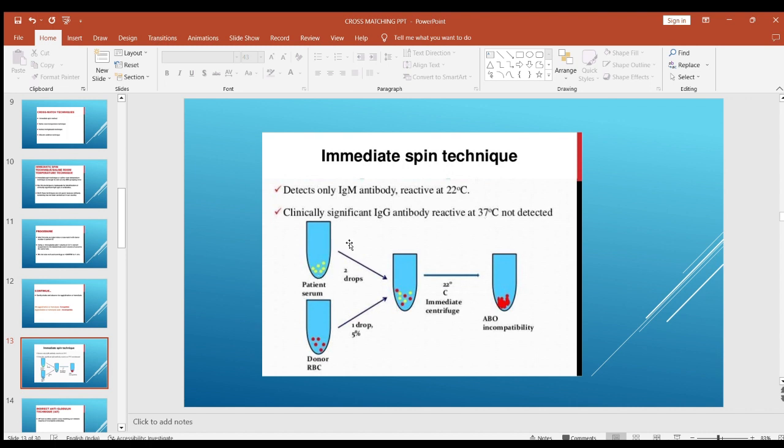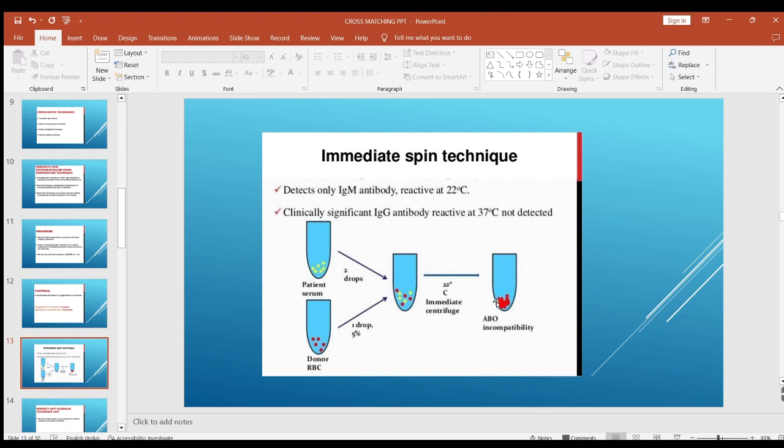This is the step. In the first step, we have to take 2 drops of patient serum, and to this patient serum, next we have to add 1 drop of 5% RBC cell suspension and mix it well, which is immediately centrifuged at a temperature of 22 degrees centigrade, and observed for agglutination.